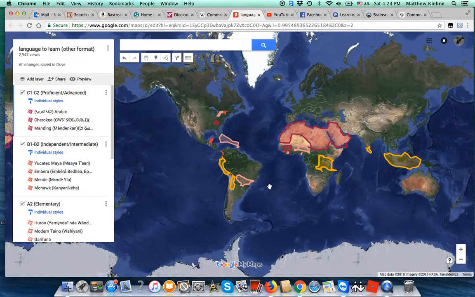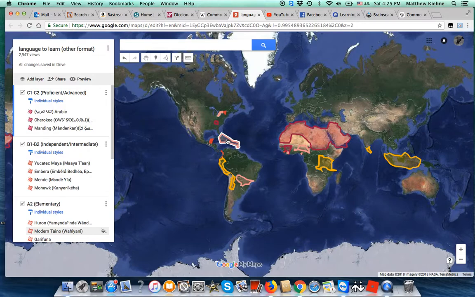Notoriety is a little bit different than size. Notoriety just means a language that's well known. I'll give you an example. Let's say Taino versus Embera. Embera might be bigger in size, has more speakers, because Taino obviously doesn't have any speakers, or it's at least being revitalized, which is why it's on my list.